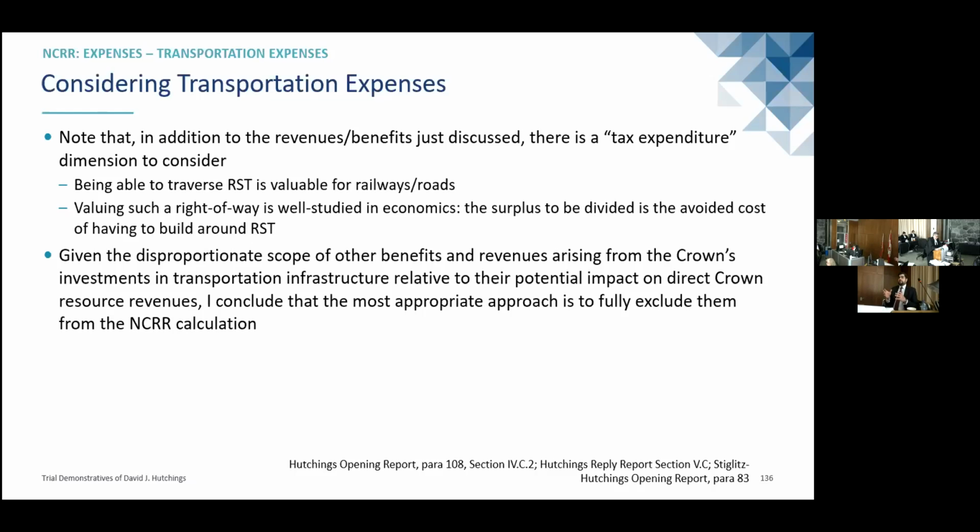And you could either first charge for the use of accessing the land, say to charge the railroads, oh, you want a right of way across RST that's worth X dollars, and then turn around and separately subsidize them to the tune of Y minus X dollars. And that would lead us to the subsidies we observe.